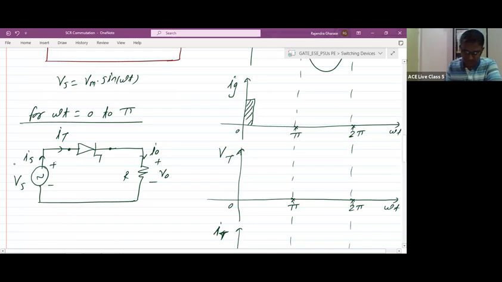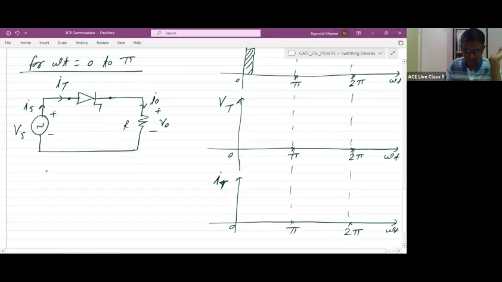So can we say that when Vs is positive, the anode is more positive compared to the cathode? That is, the anode potential is higher than the cathode potential. So can we say that when Vs is positive, the thyristor will be in the forward bias mode, right? So, point to be noted, when Vs is positive, thyristor T will be in a forward bias mode.